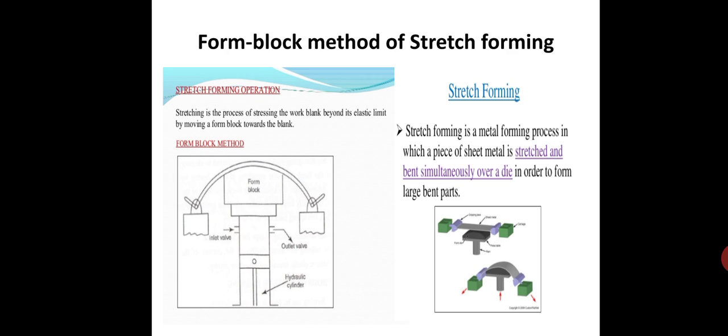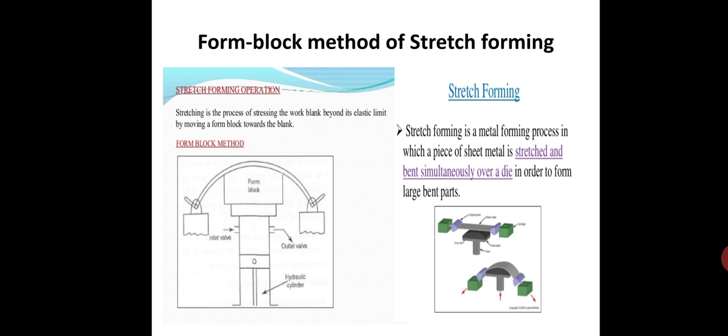This is the picture of the form block method. Here is the form block which is operated by the hydraulic cylinders. It has an inlet and outlet valve. Above is a blank.